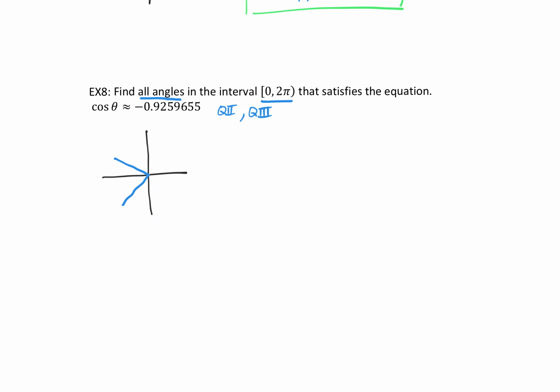Okay, so I'm going to use my calculator, and this time I'm going to be doing second cosine because it's a cosine function. Depending on your calculator, since this is a negative value, you might have to use that plus minus key. So you might have to put in the 0.9259655 and then do the plus minus key to make it a negative, and then do your second cosine.